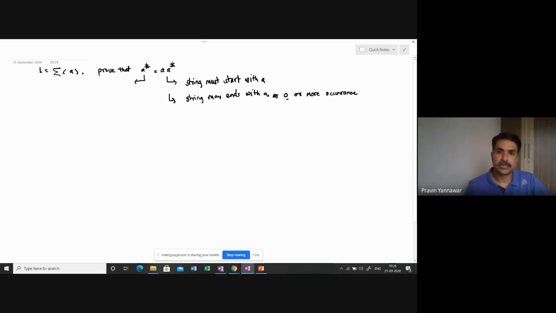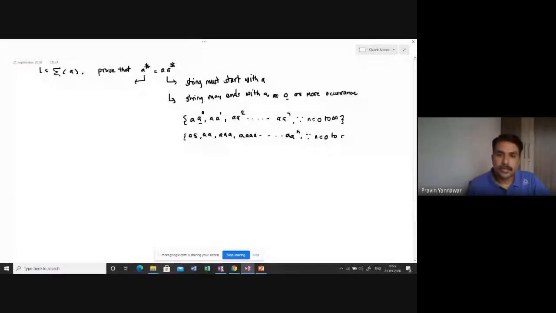If you have more occurrences, it is going to be, for example, A raised to 0, A raised to 1, A raised to 2, and so forth, A raised to N, where N goes from 0 to infinity.